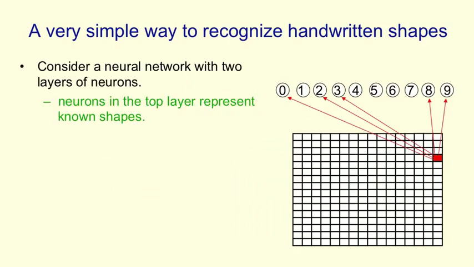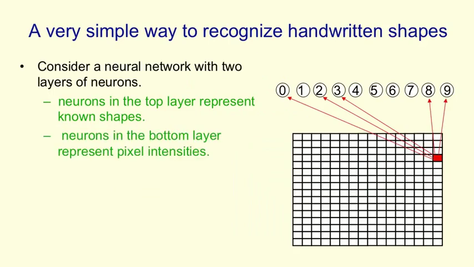It's got input neurons, whose activities represent the intensities of pixels, and output neurons, whose activities represent the classes. What we'd like is that when we show it a particular shape, the output neuron for that shape gets active.